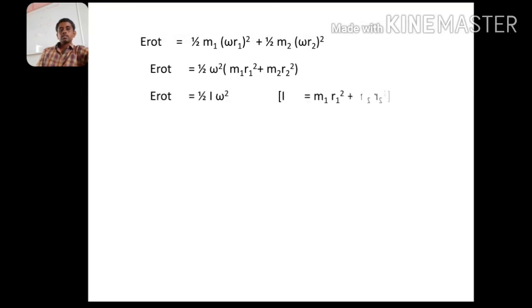Now E rotational is equal to half I omega square, since I, that is the moment of inertia, is equal to M1 R1 square plus M2 R2 square.